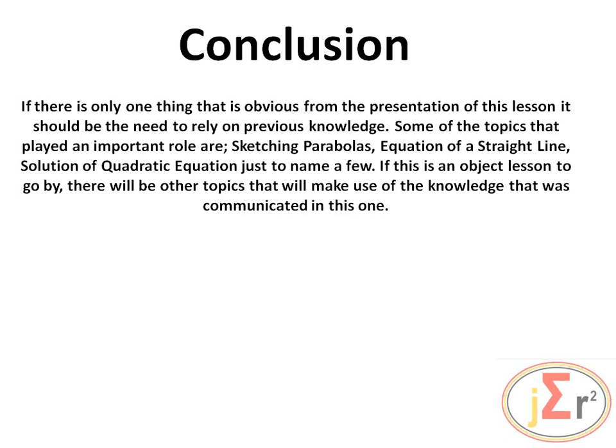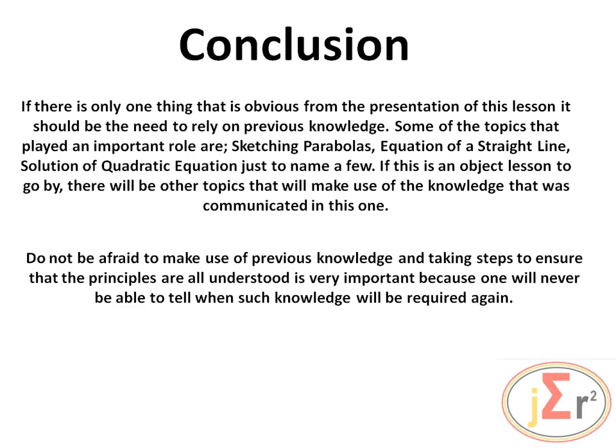If this is an object lesson to go by, there will be other topics that will make use of knowledge that were communicated in this one. Do not be afraid to make use of previous knowledge, and taking steps to ensure that the principles are all understood is very important, because one will never be able to tell when such knowledge will be required again.